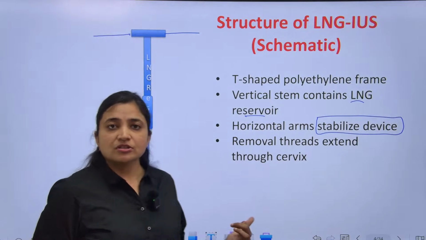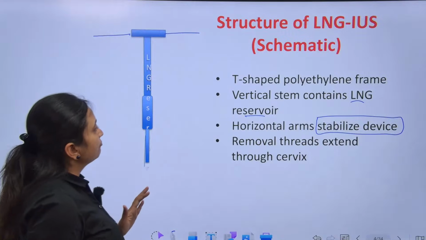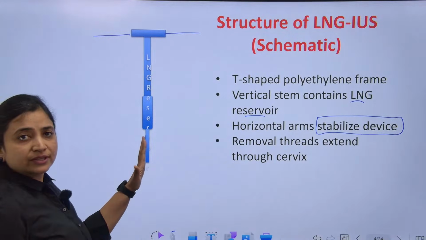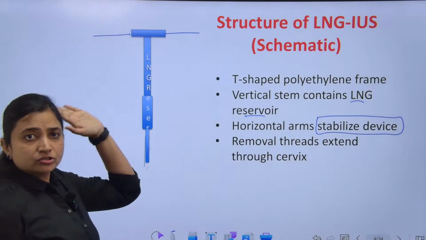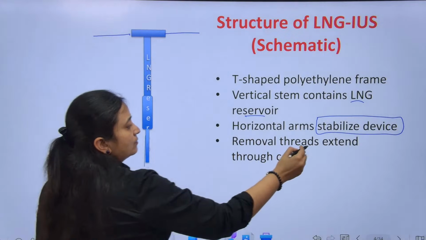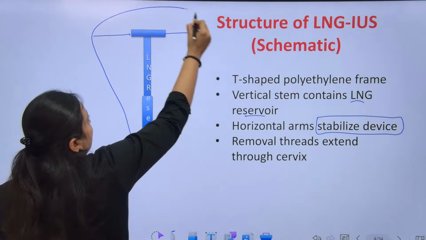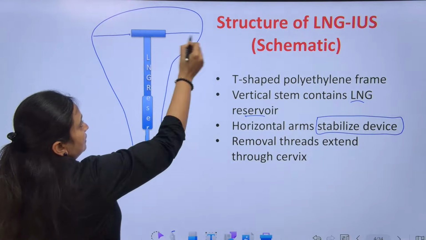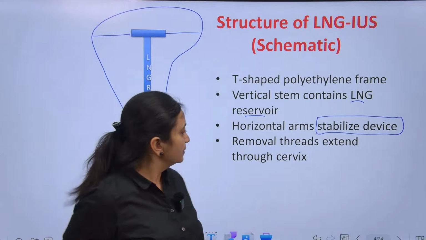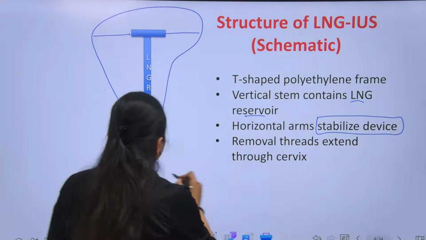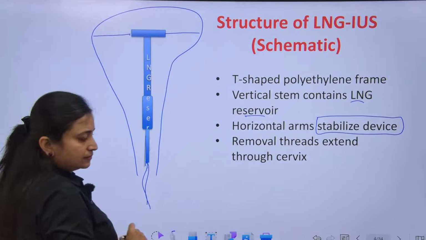Some teacher may ask you in your viva: if the drug is in the central part, what is the use of the horizontal arms? Horizontal arms are there to stabilize the device inside the uterine cavity, somewhat like this. These are the anchors, right? Removal threads extend out from the cervix.